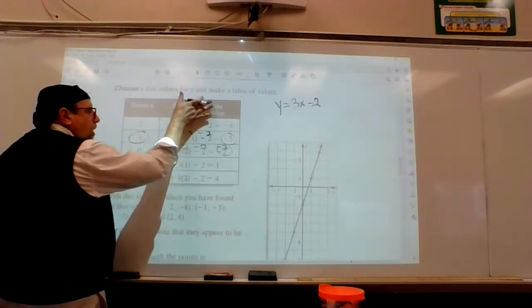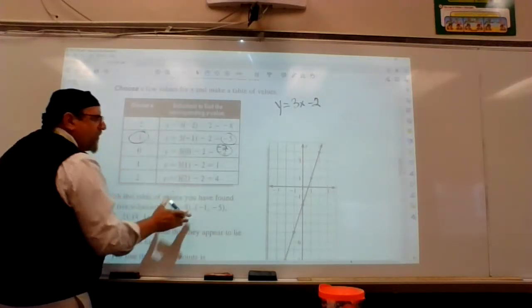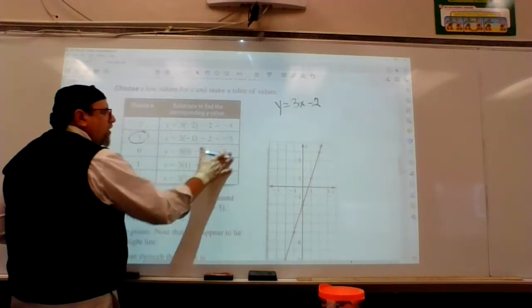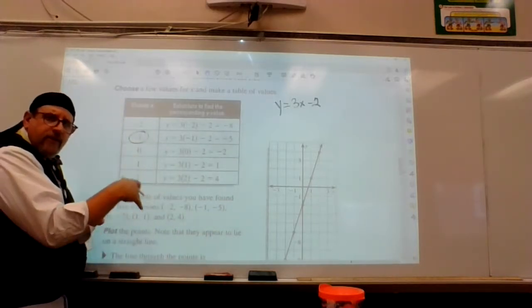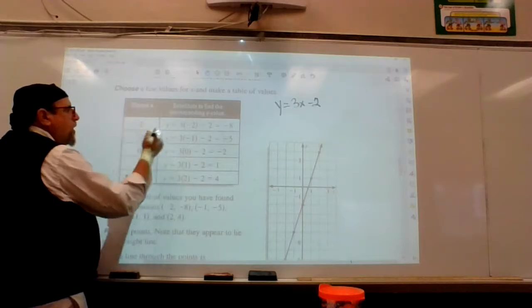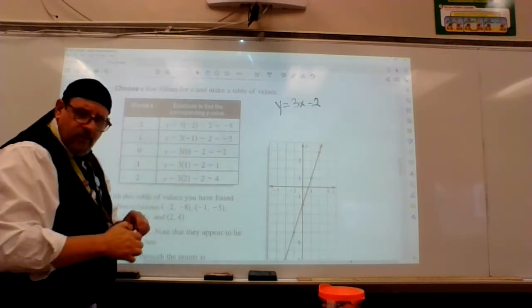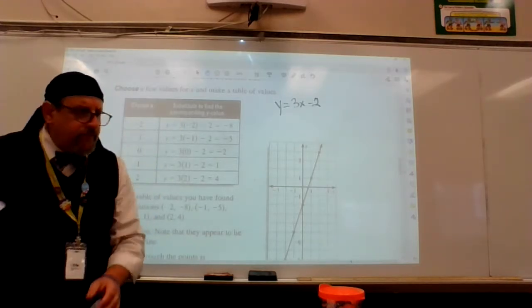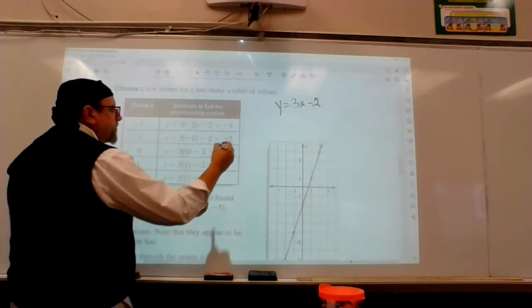Now, you don't always have to put all the math in here. If you're smart and you know all that math, you can go ahead and create the table that looks nice and clean, like this.